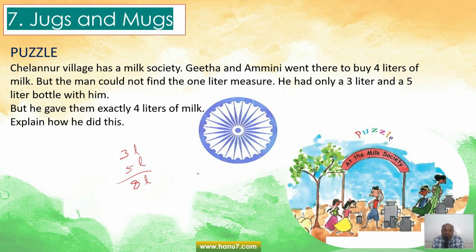After pouring 3 liters of milk in one bottle and then 5 liters in another bottle, he then made the half of that. Okay, so that exactly 4 liters will come for these girls. 8 by 2 will be 4 liters. So this is one solution. Similarly, you come up with your own solution.